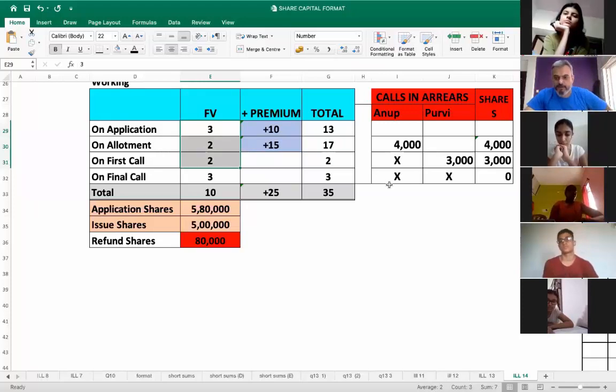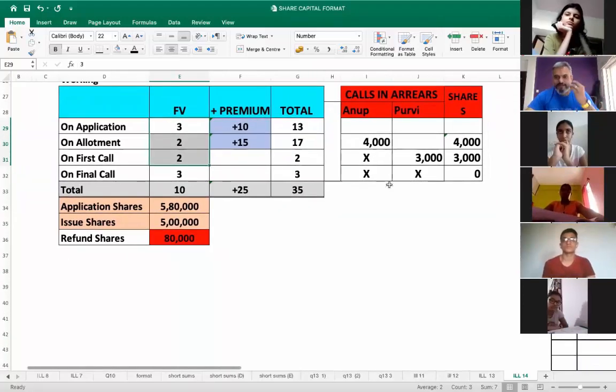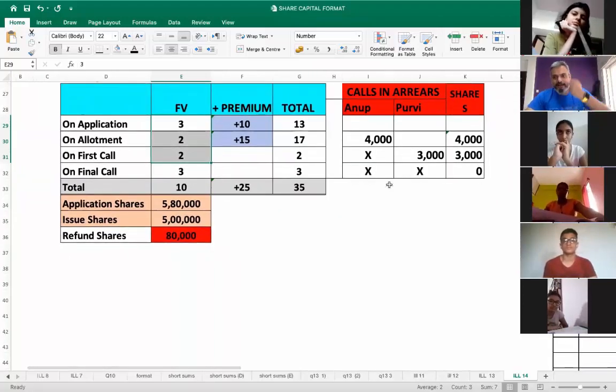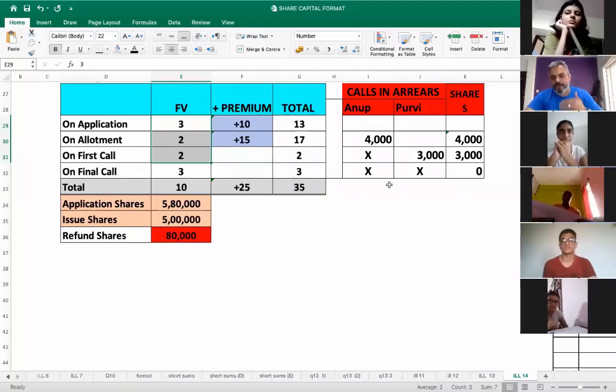Is this clear, all of you? Now in this sum, there can be an add-on that all these shares which are now with the company are reissued at a certain price. So then you have to go for a normal entry: bank account debit, share forfeiture, to equity share capital now with rupees 10. Is this clear?